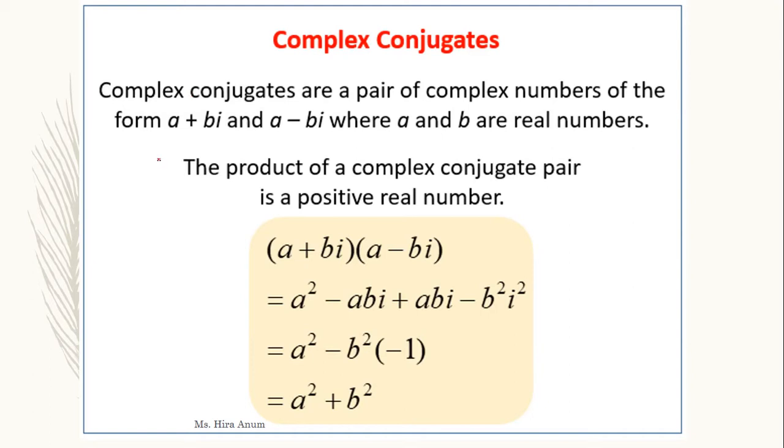In complex numbers we have conjugates. In a conjugate, the imaginary part changes its sign, otherwise the real part stays the same.